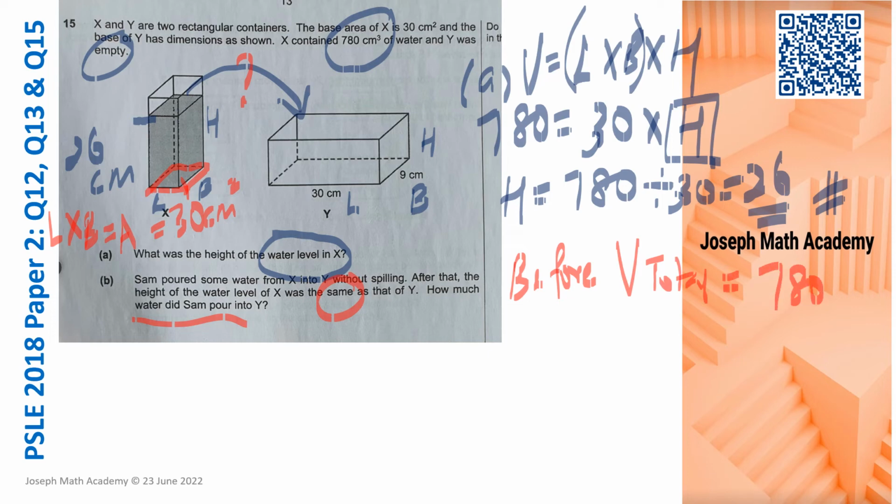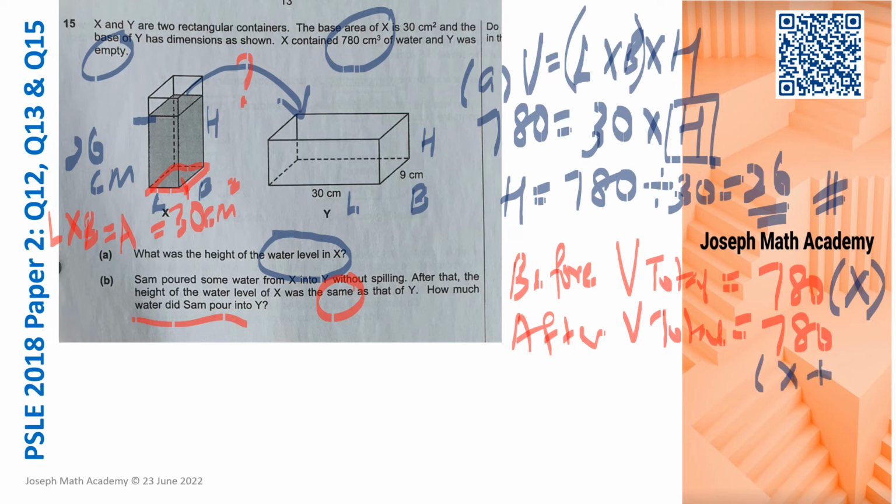Then the after volume total should also be this. The first one is only in container X, but the second one is in container X and Y. I hope that's clear for you. So that's the info that we are given.